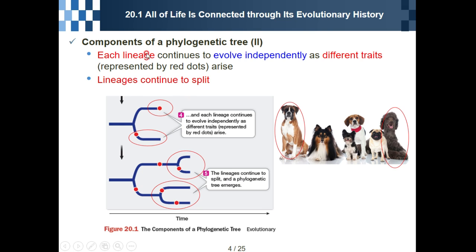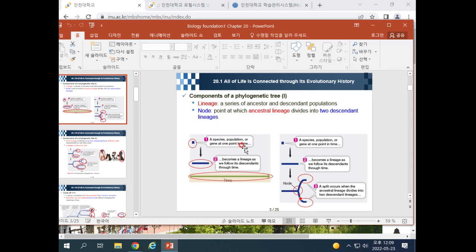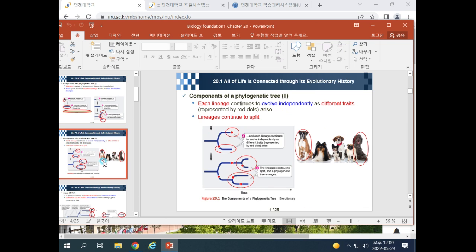Okay, so these are the components of the phylogenetic tree. The important thing is that we have to know lineage and node. And this red dot means that a different trait is like this. This is a bulldog, and another dog has a different trait, like this.